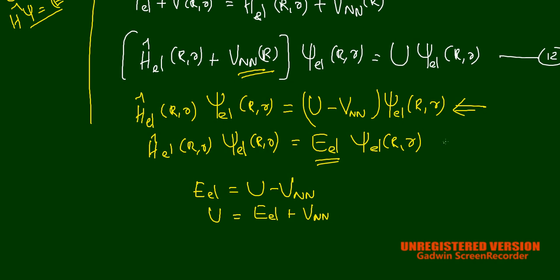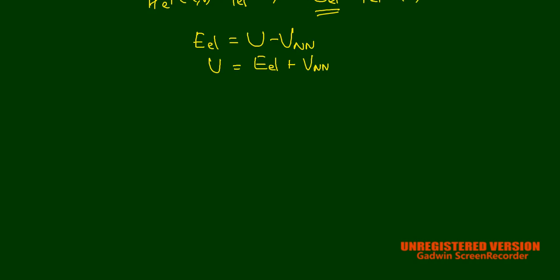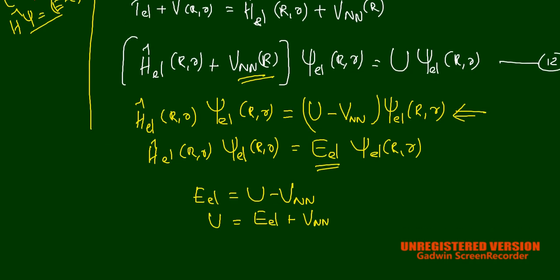So what does it mean? It means that instead of solving equation number 12, you can solve equation number 13. By solving equation number 13, you will get E electronic, that is the energy eigenvalue of equation number 13.